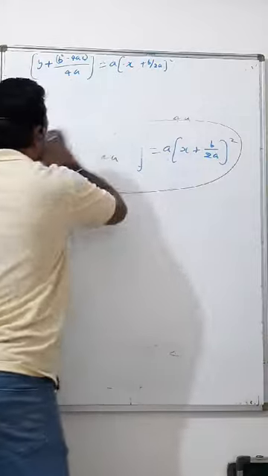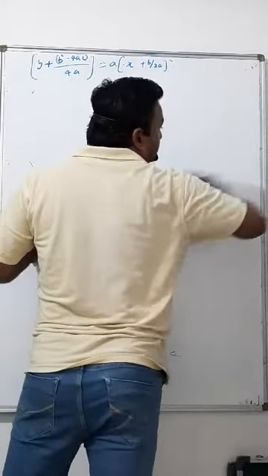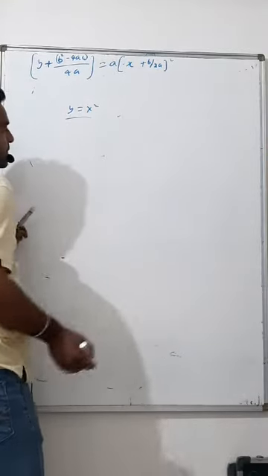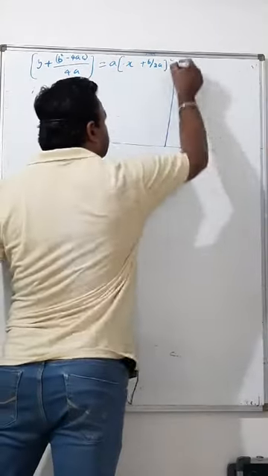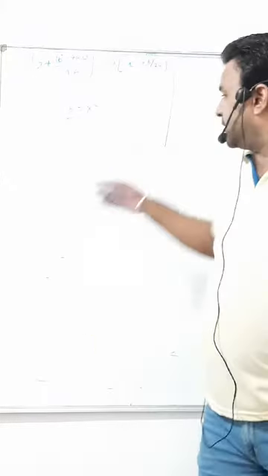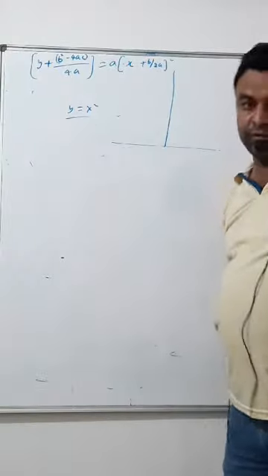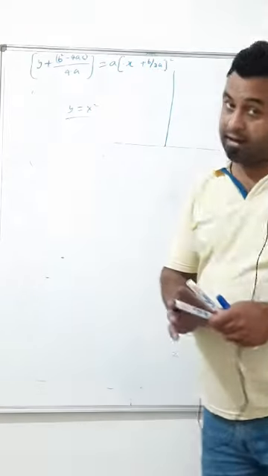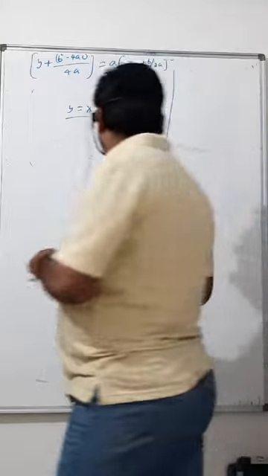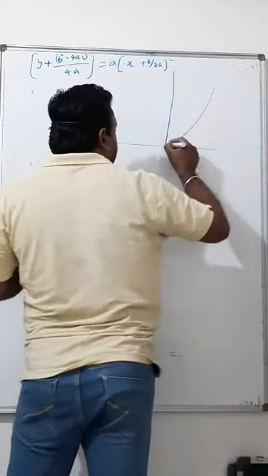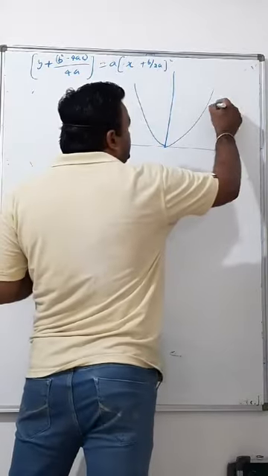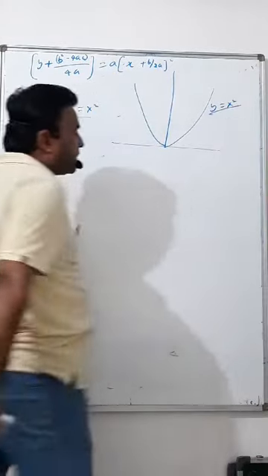Now look, if I have simply an equation y is equal to x square, then according to this equation, we will have x equals root of y. Then y can never be negative, y can be positive. So the graph will be like this, passing through origin, it is y equals x square.